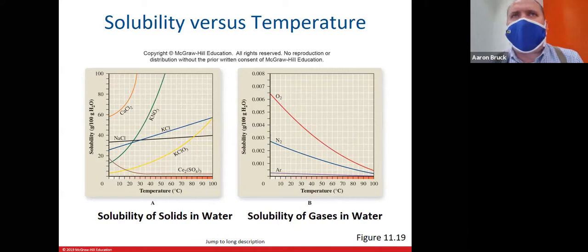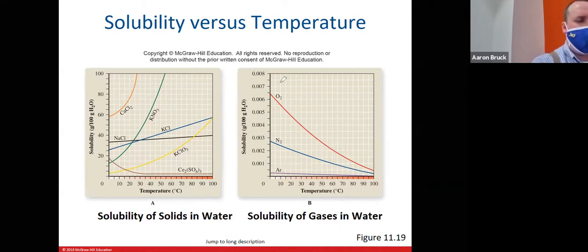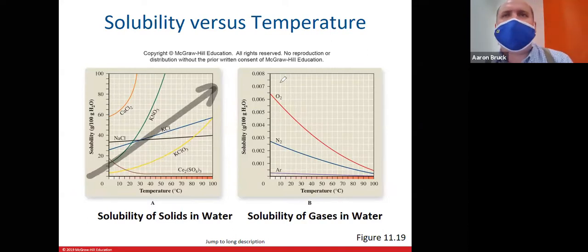So just as a graphical point of comparison, you can see in this graph that for solids, for the most part, we see a positive trend in an upward direction for temperature and solubility.